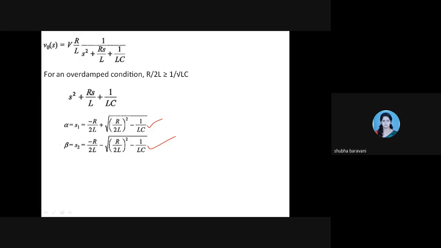Now the same thing I'll apply to get the equation for V naught of t. This was your V naught of S, and now I'll put this same here to get V naught of t.